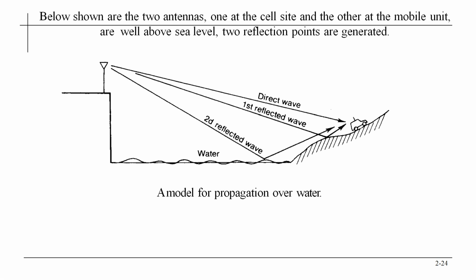If you consider these two antennas, and both these antennas are above the sea level, there should be two reflection points generated.